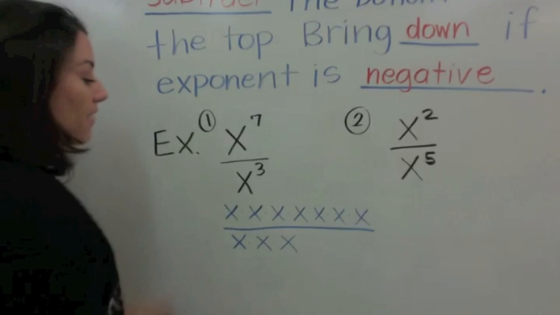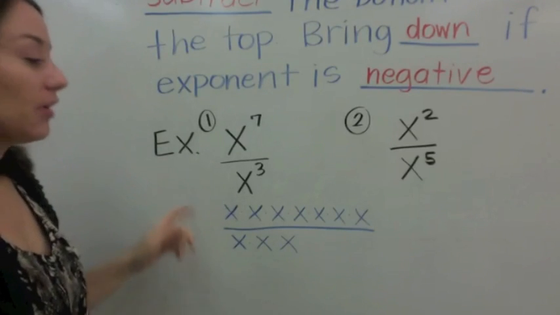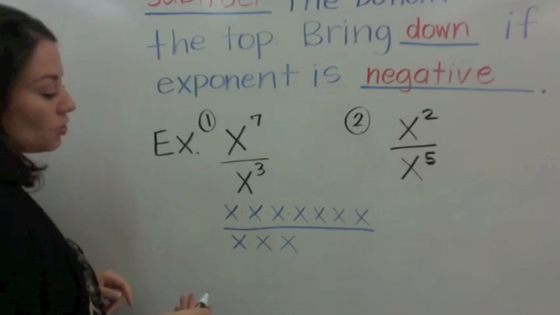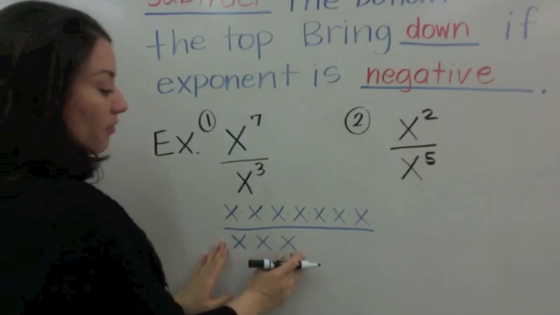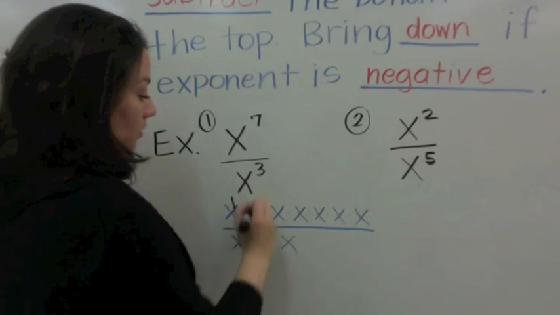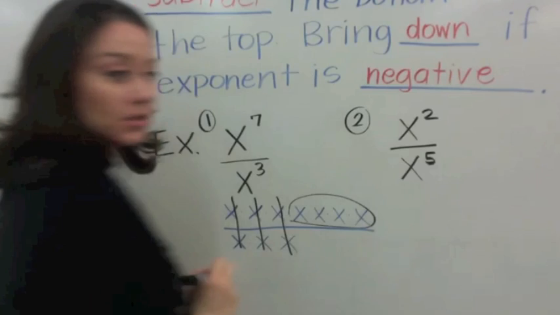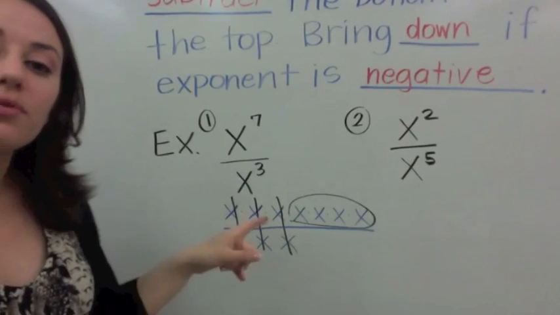When you have x divided by x, remember, any number or variable divided by itself is 1. So you can cross off as many x's at the bottom as there are at the top. So this is going to be 1, 1, and 1. How many x's are you left with? You're left with 4.